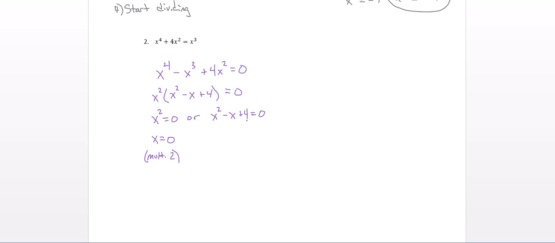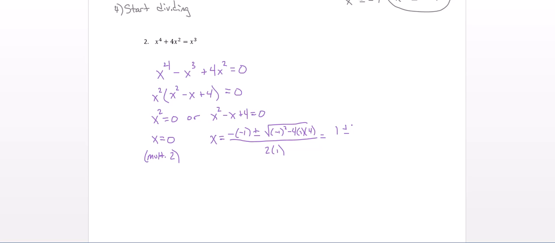To find this 0, that doesn't look like anything I can factor, so I'll use the quadratic formula. Negative b plus or minus square root of b squared minus 4 times a times c all over 2 times a.